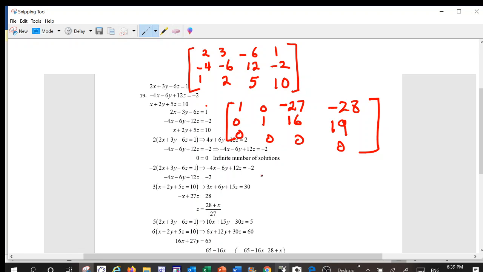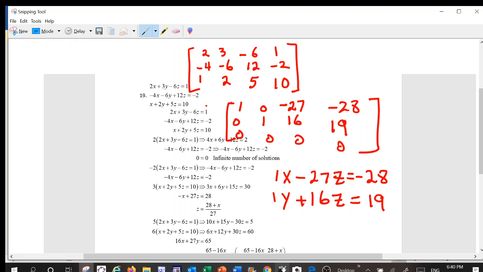So our system turns into 1x, 0y, we're not going to write it, minus 27z equals -28. And now this is 0, so 1y plus 16z equals 19, and that's it.